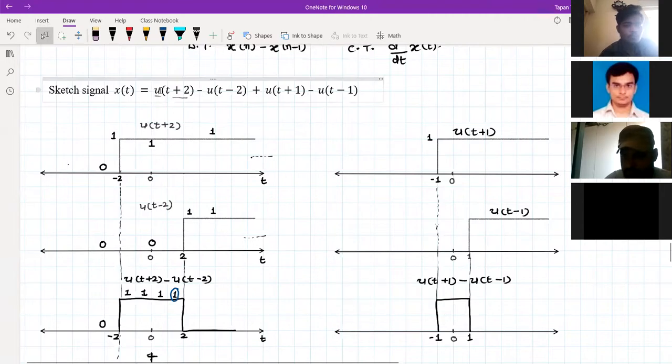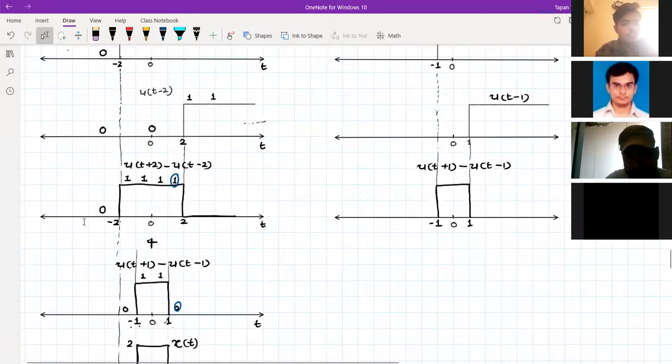Then we studied sketching a particular signal, u of t plus 2 minus u of t minus 2 plus u of t plus 1 minus u of t minus 1. Right? How to sketch it? First you sketch u of t plus 2, then you sketch u of t minus 2, and then you subtract them.